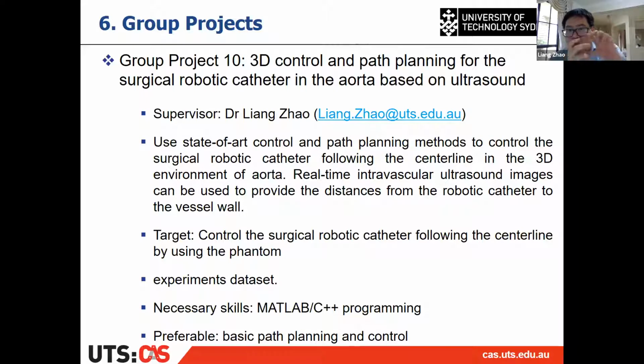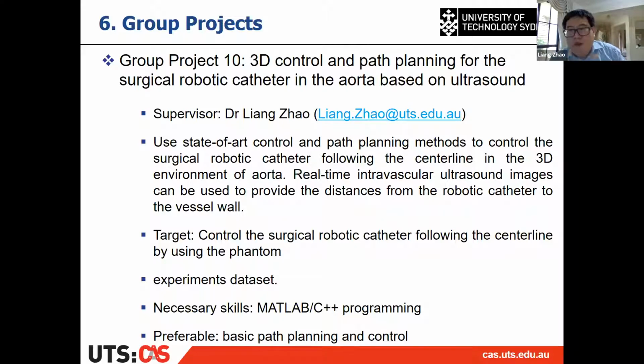And you need to use those images to calculate a control of the catheter tube. And the target of that control is to make the catheter tube follow the center line of the aorta.